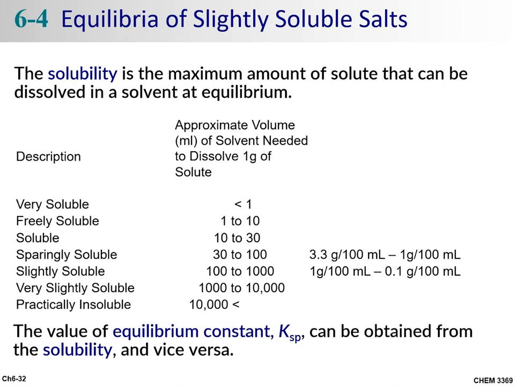Now, the solids whose saturated solution exceeds the concentration of about 0.01 moles of ions per liter, well, that's where we get into a little bit of a problem, because these solids cannot be treated by the simple equilibrium constant.